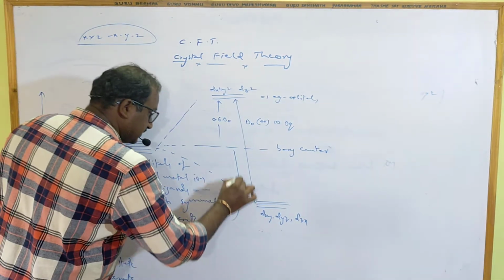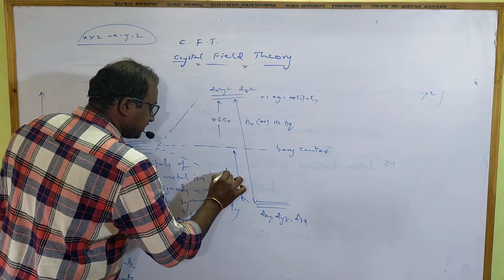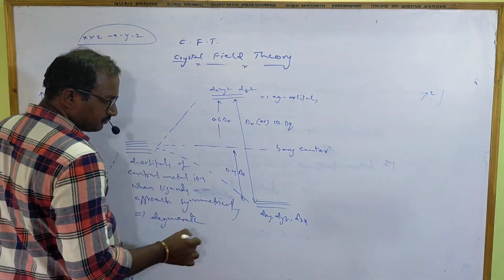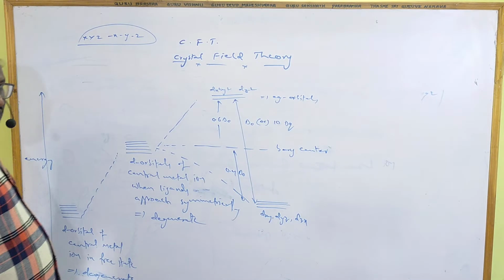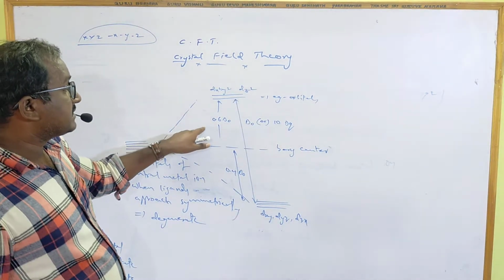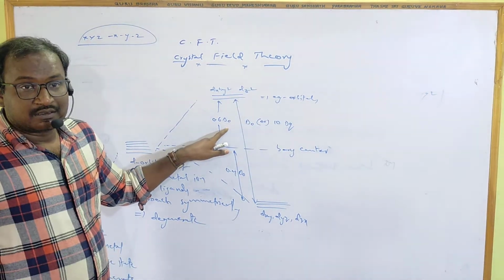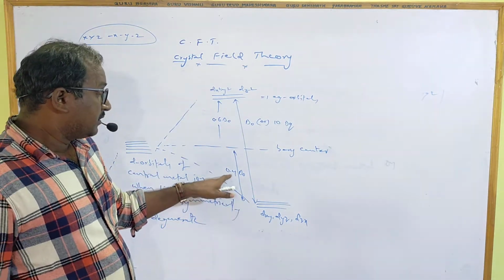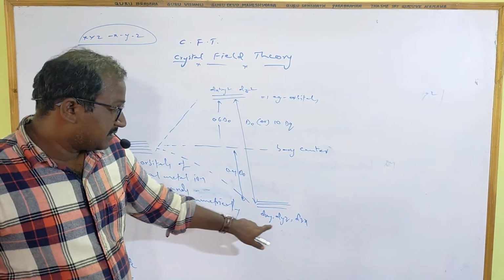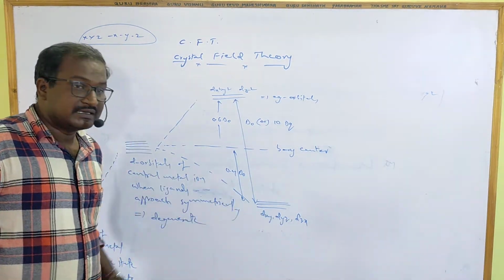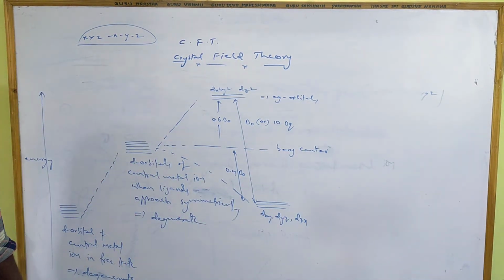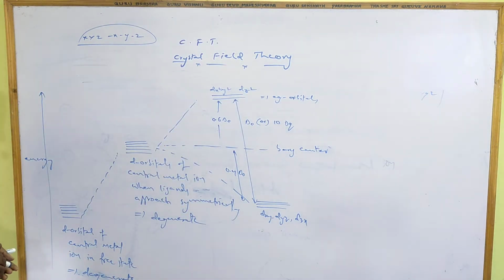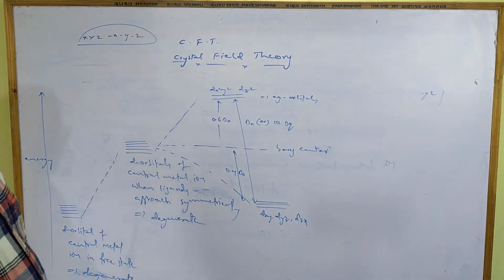And from here to here, the energy difference is 0.4 delta O, or we can say 4 Dq, and the energy decreases for these three orbitals by 0.4 of delta O. So this is the splitting that takes place in octahedral complexes.